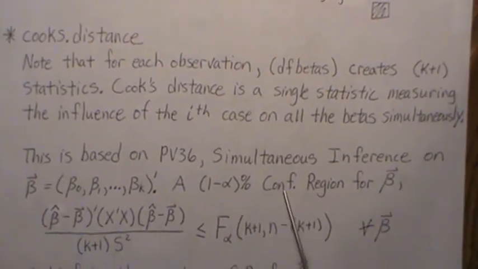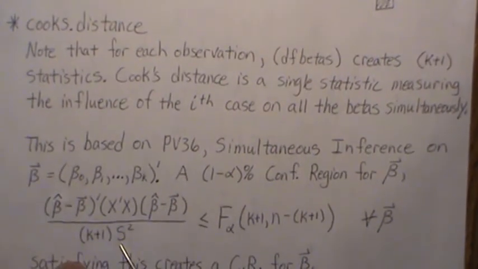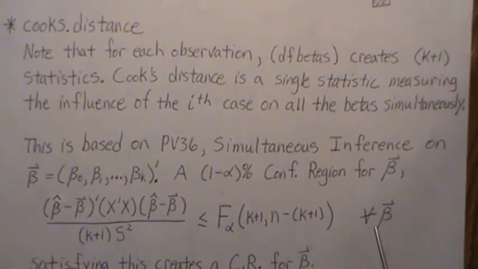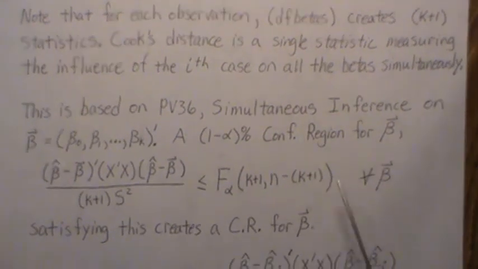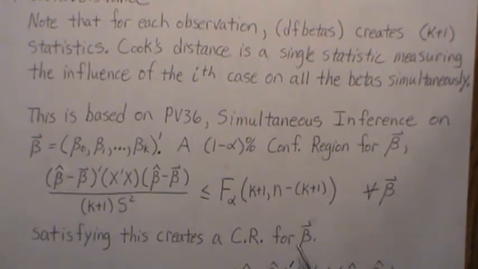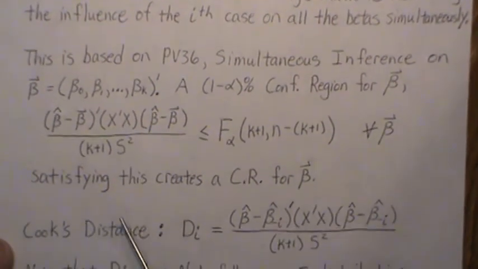We created a confidence region for beta with this statistic. So now this is the least squares estimate, and then what we did is we found all the betas that satisfied this, and that creates what's called a confidence region for that vector of unknown beta parameters. And Cook's distance is sort of based upon this.